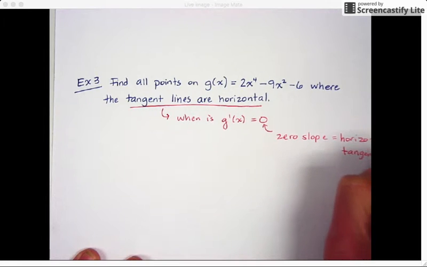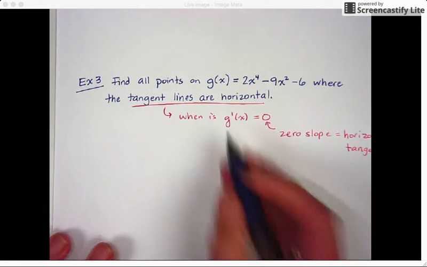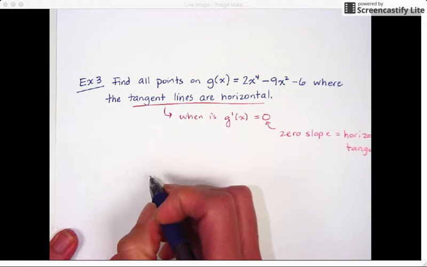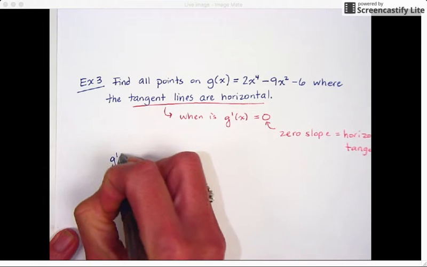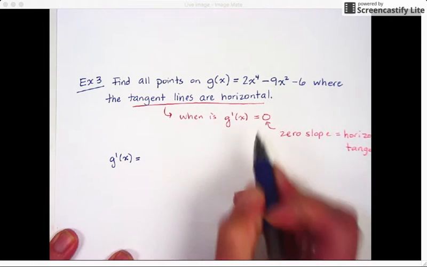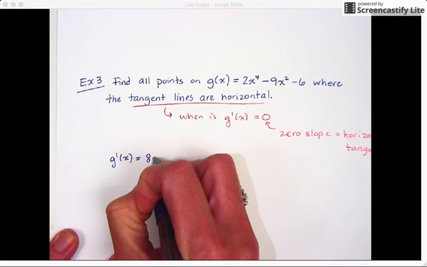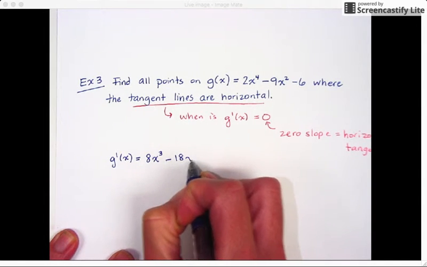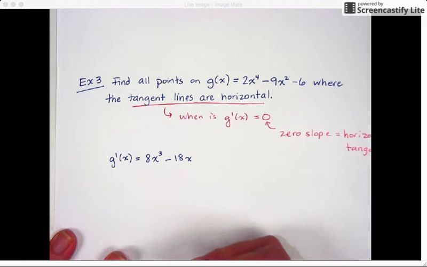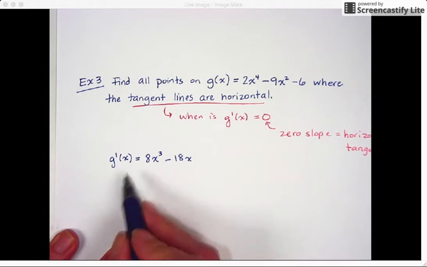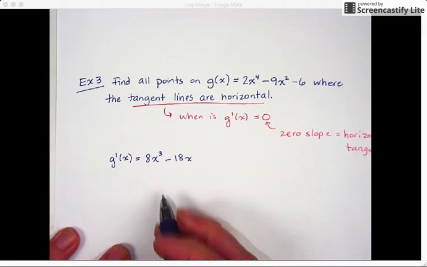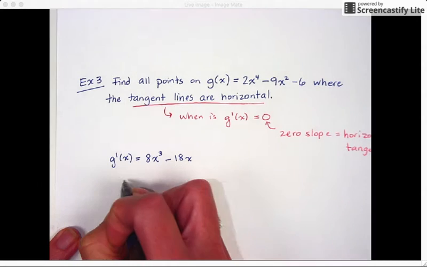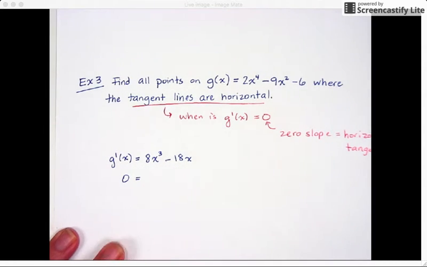All right, okay. So first off, we're going to find the derivative. We need to find g prime of x. So that's 8x cubed minus 18x, and then the 6 just goes away, makes a 0. All right, so here I can factor. So let's see, I want to set it equal to 0, and I want to factor.